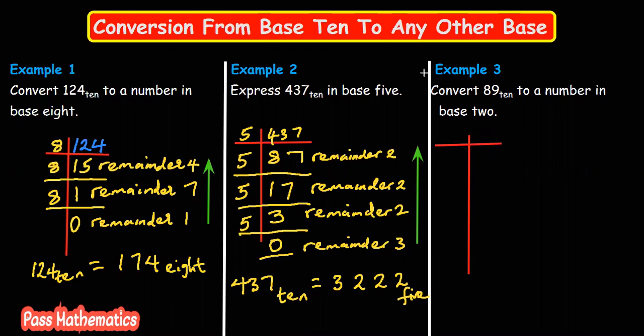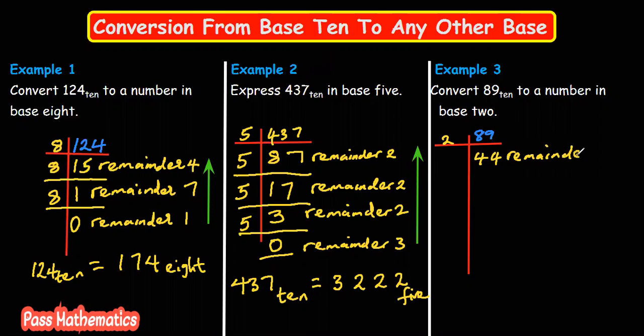So we have 89 as the number here, and then we are dividing by 2 because we have to convert to base 2. So 89 divided by 2 is 44, remainder 1, right?